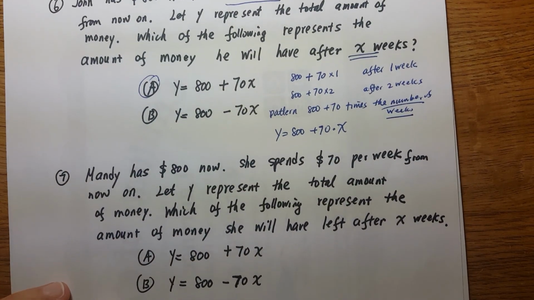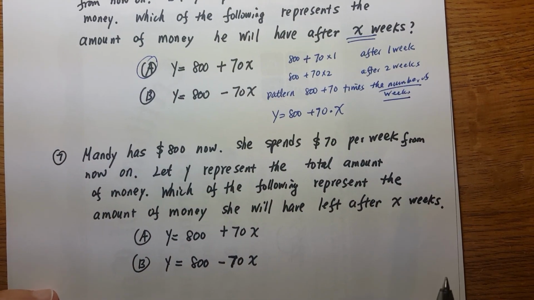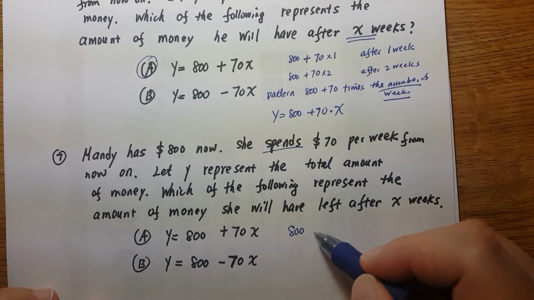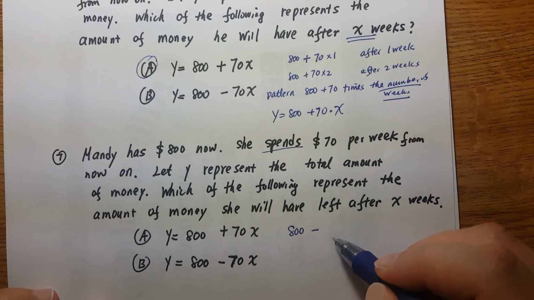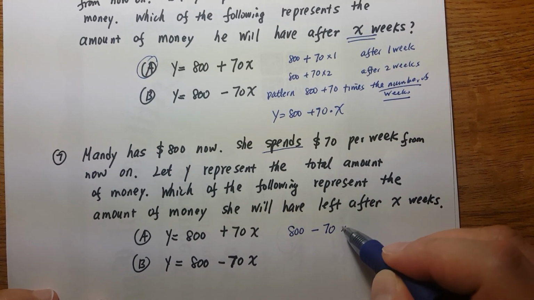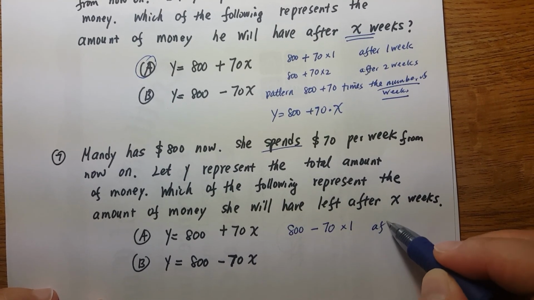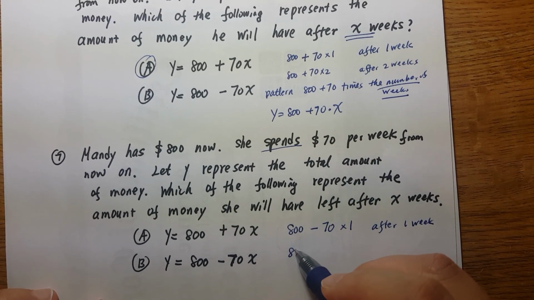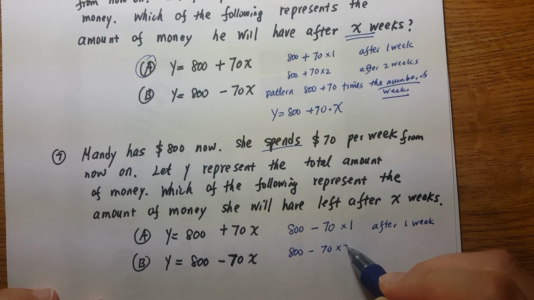Now let's take a look at number 7. Mandy has $800 now. She spends $70 per week. So she begins with 800 because she spends money, so we have to subtract. After 1 week, it will be 70 times 1. So after 2 weeks, it will be 800 minus 70 times 2.